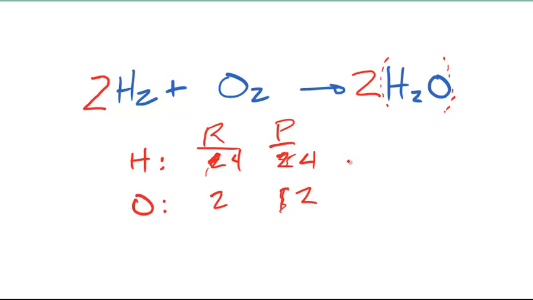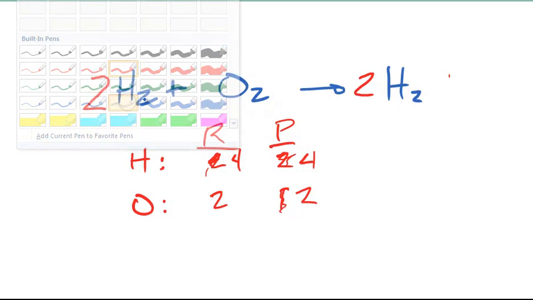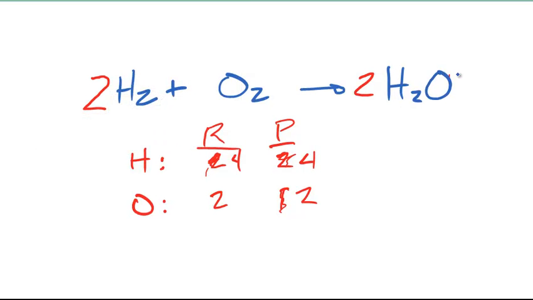That is a balanced chemical equation. And just to be clear, you don't put the parentheses around the compound. I was just using that to make an analogy with your math classes. There we go. That is the balanced chemical equation for hydrogen reacting with oxygen to form water.